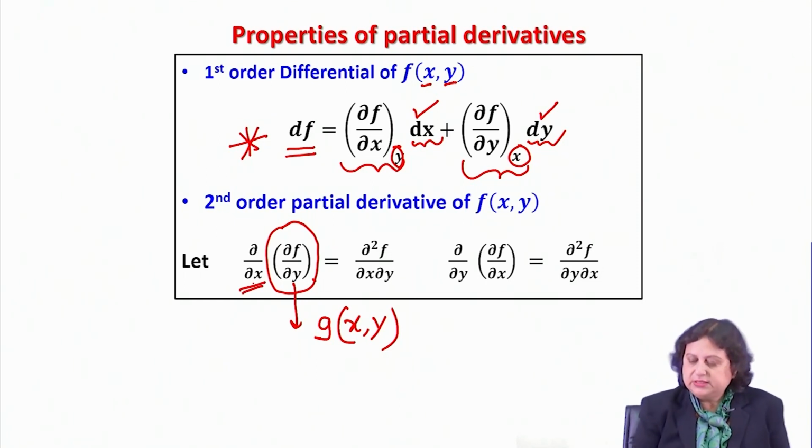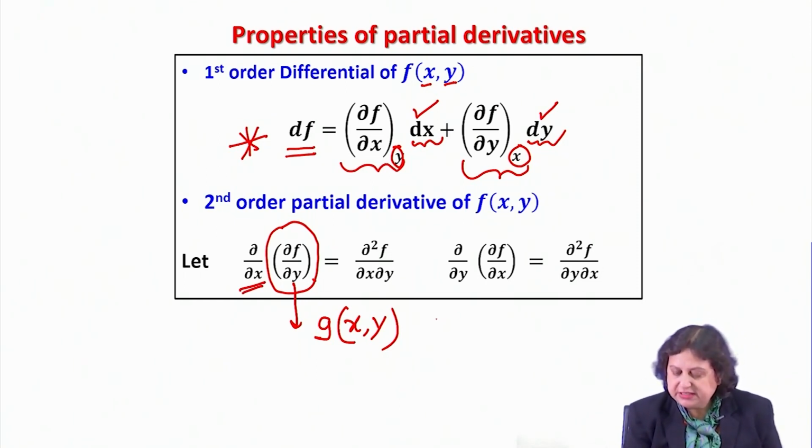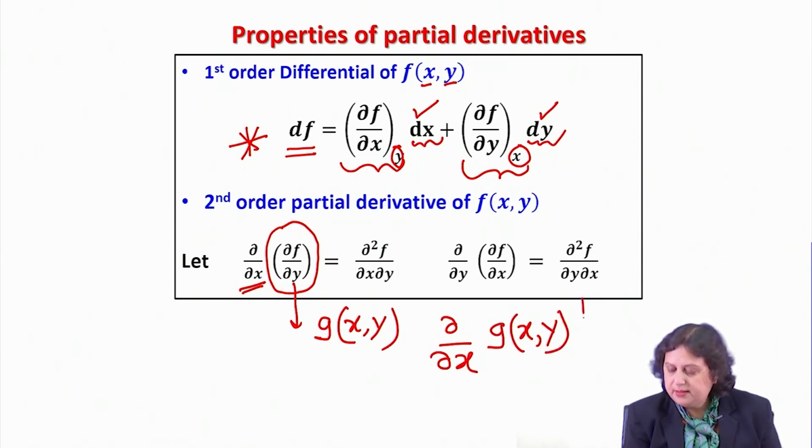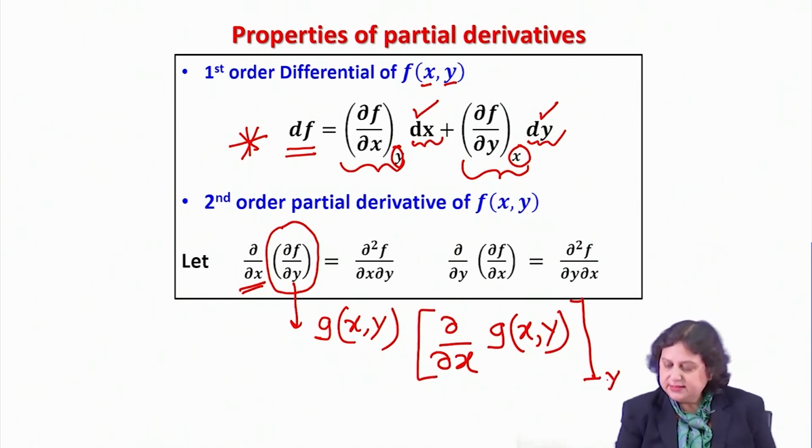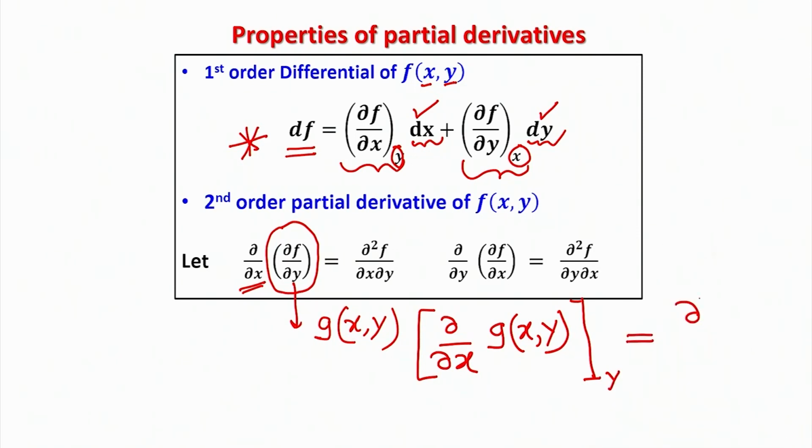Therefore, if I use the full notation, I would say that this is del del x of g of xy keeping y constant, and this would be equal to del square f del x del y, and this is the second order partial derivative of the function f of xy.